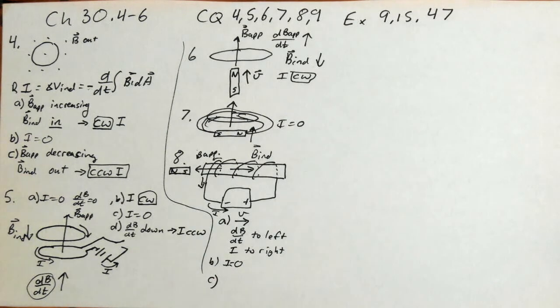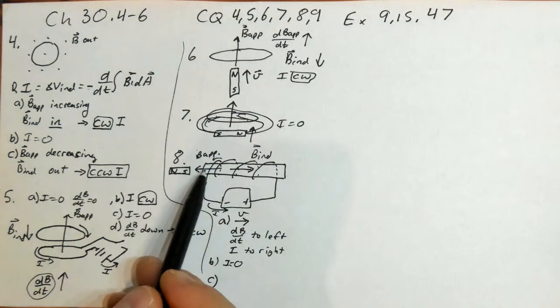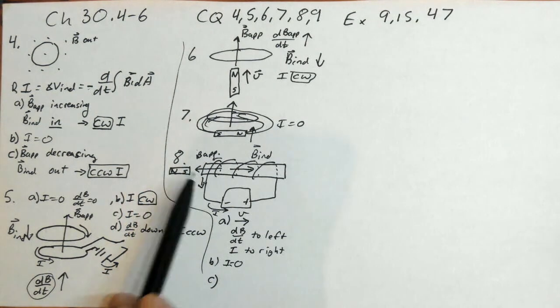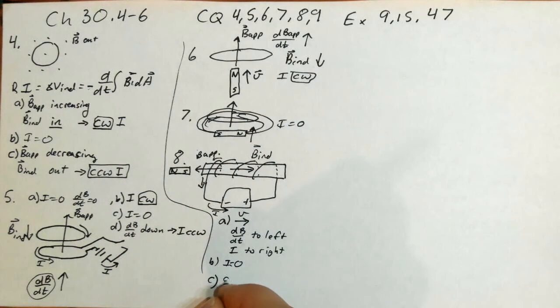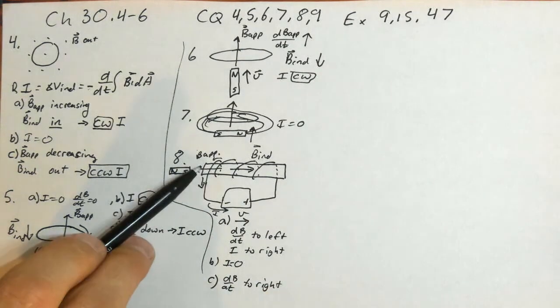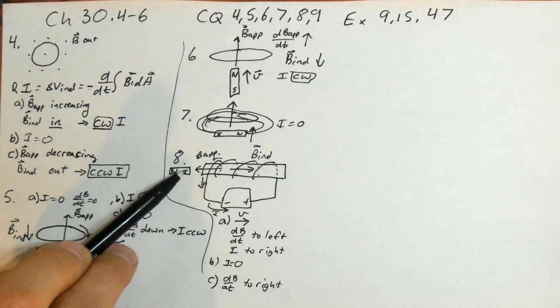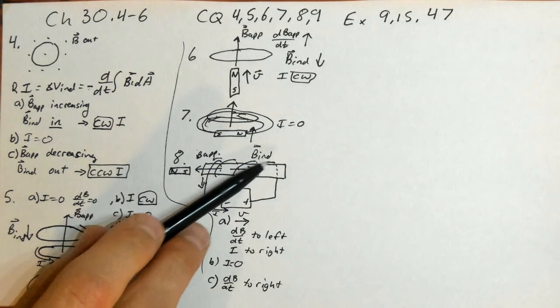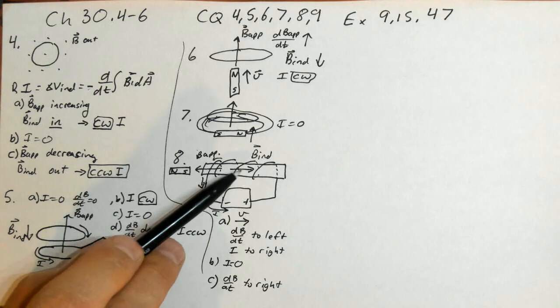And lastly, you now pull this bar magnet back out. B field's still pointing to the left. That never changed. But now it's getting smaller. So dB/dt is to the right. The left field's getting smaller, which means it's getting bigger in the other direction. And that means for the induced field, we want to flip it, so we want to cancel that.